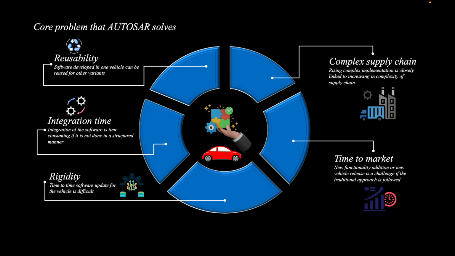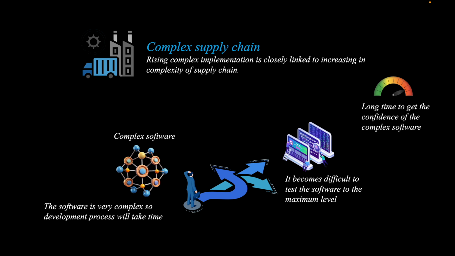The next problem it solves is the complex supply chain. Suppose you have developed a complex software. To validate this particular software and to decide whether the software development is complete and the software is bug free is very difficult.